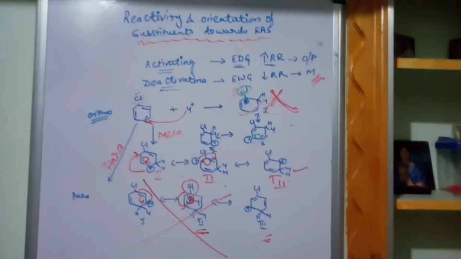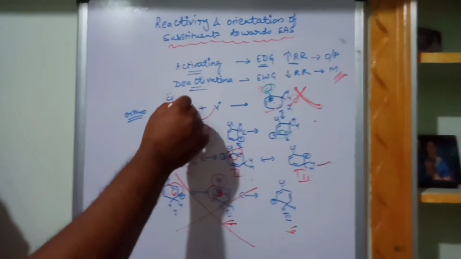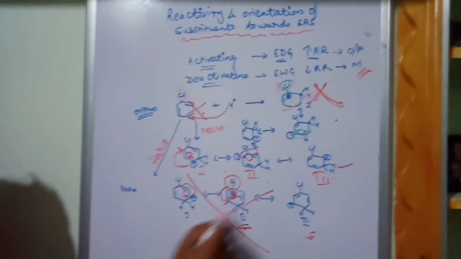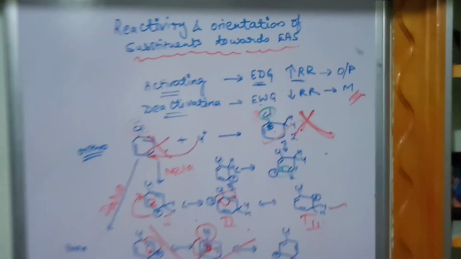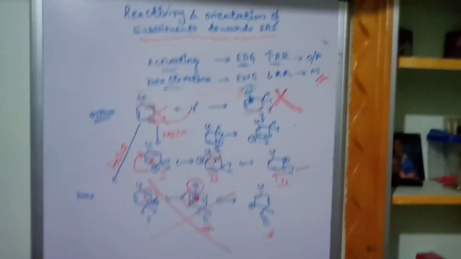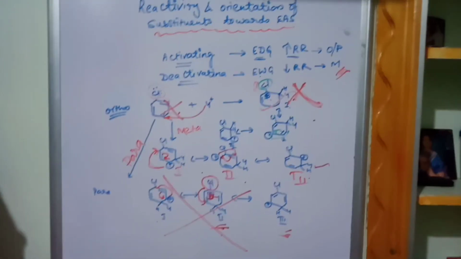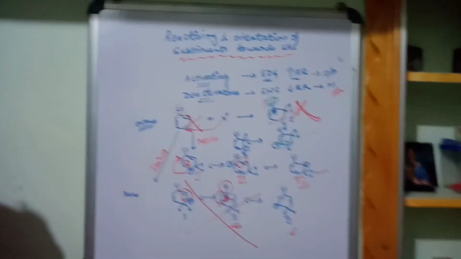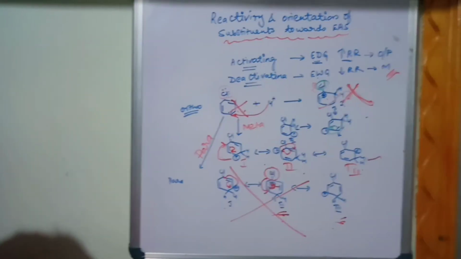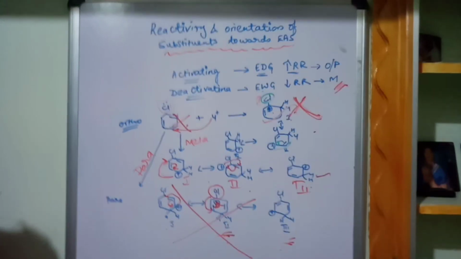That's why they will direct on the meta position, not at the ortho position, not at the para position. So this is the electrophilic aromatic substitution reaction. Activating groups will direct ortho and para positions, because they form more resonance structures at the ortho and para positions, and they increase the rate of reaction.